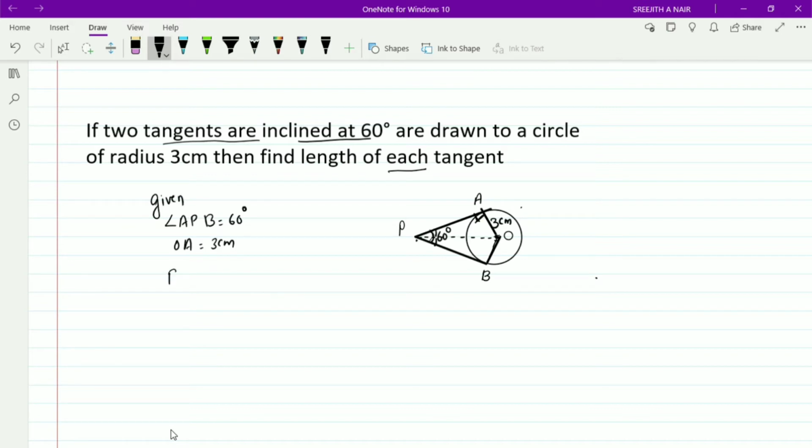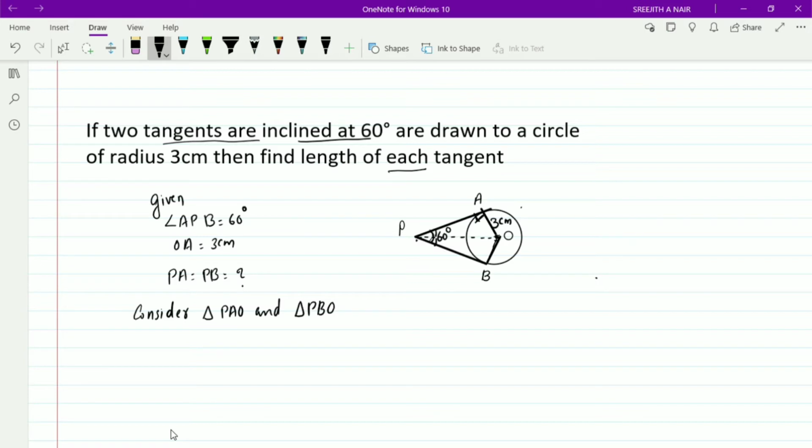So PA is equal to PB is equal to, you have to find out. First we have to consider triangles PAO and PBO, and prove the congruency of the triangles. So consider triangle PAO and triangle PBO.